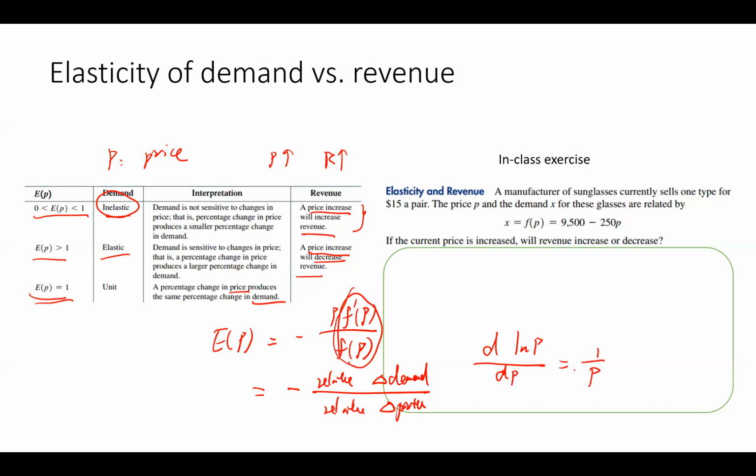So let me just plug in. We have F prime P over FP divided by 1 over P, with a negative sign. Then we have the expression here, which is the same as here. So basically, this is the definition of the elasticity of demand, and it measures the relative change in demand versus the price.